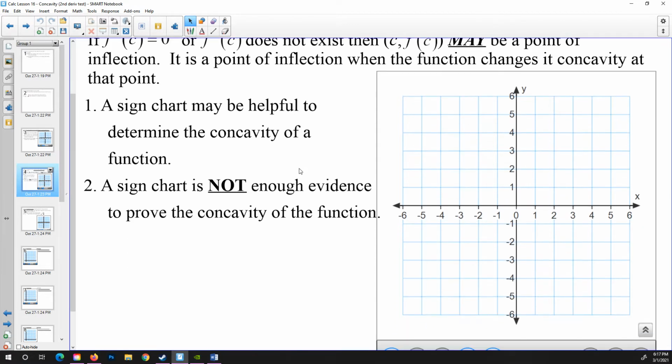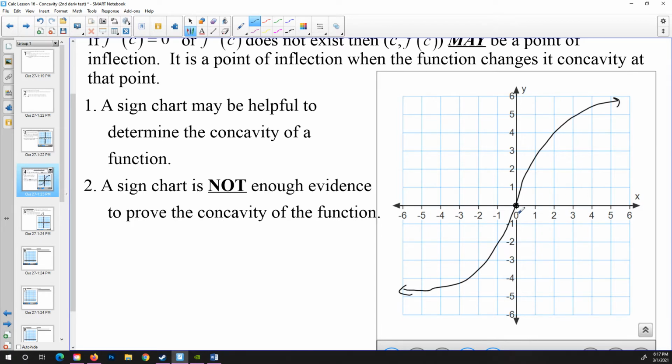So what does this point of inflection look like? Well, if we draw just a simple graph in here, and we have a function that comes to this point, and this curve is concave up, and then at a point it starts to level off, it is increasing everywhere, but the concavity changes from concave up to concave down.